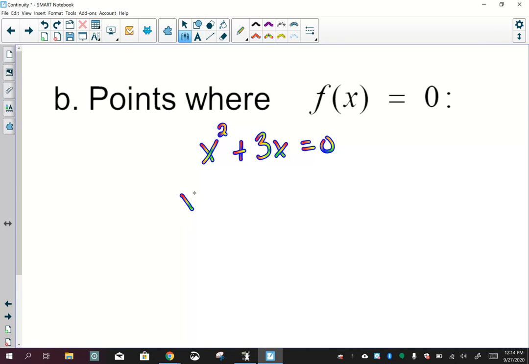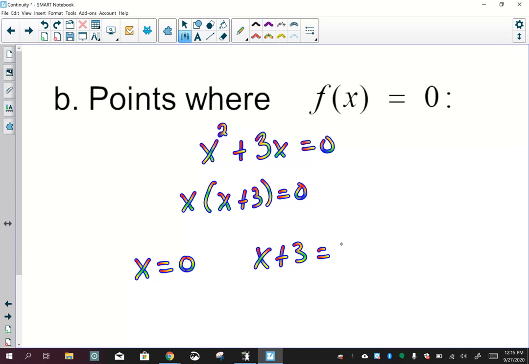So I'm going to pull out my x value, and that's going to leave me with x times x plus 3, and that equals 0. And so then I'm going to solve each one of these. I've got x is equal to 0, x plus 3 is equal to 0, so that means x is equal to -3. So I have 2 numbers here I have to take a look at.